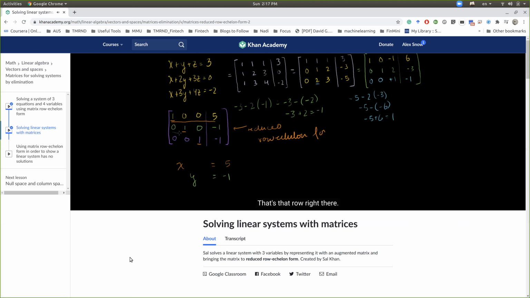That's that row right there. And then finally, we have 0x plus 0y plus 1z is equal to minus 1. That's that row right there. And just like that, we've actually solved our system of 3 equations with 3 unknowns. That's the solution right there. I just wrote it in this way so you see it corresponding, but obviously I could have written them closer to their equal sign. So hopefully you found that vaguely useful.